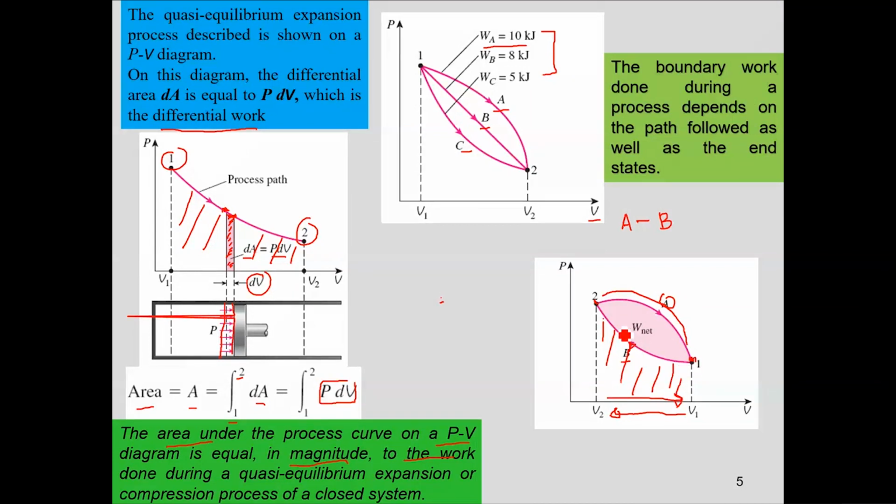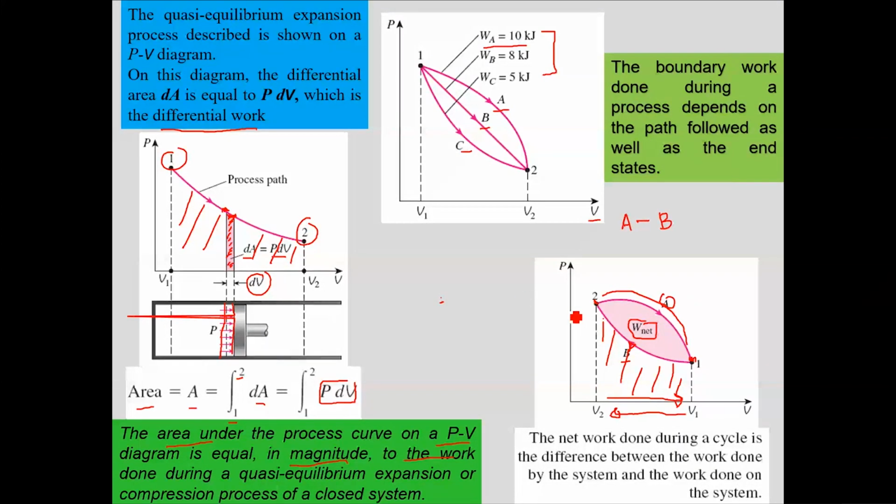As I go from 1 to 2 and 2 to 1, I have completed a cycle, and this cyclic process would result in some net amount of work done. Depending upon the nature of the cycle, you can say that this net work is available to you, or this net work has been done by you, depending upon the direction of the cycle.